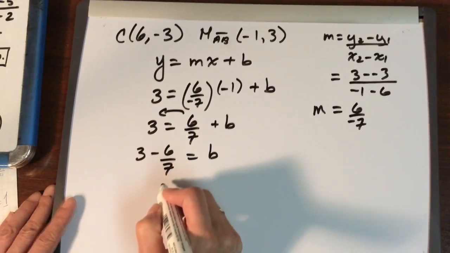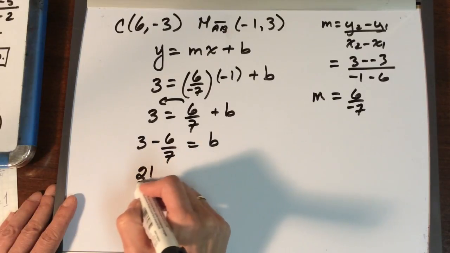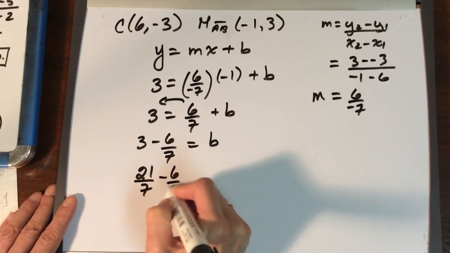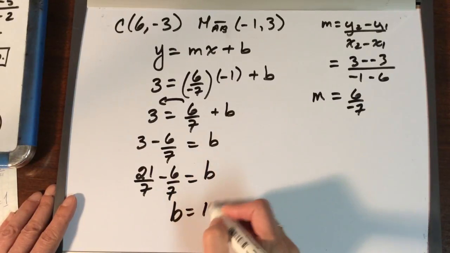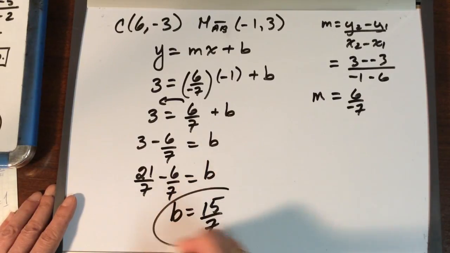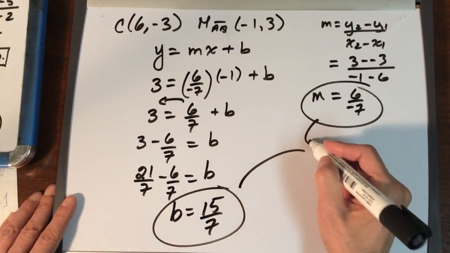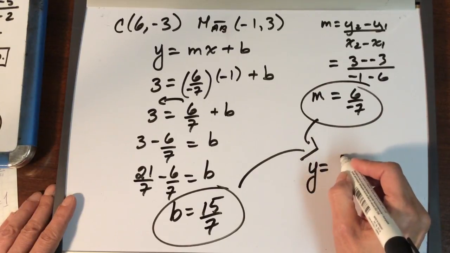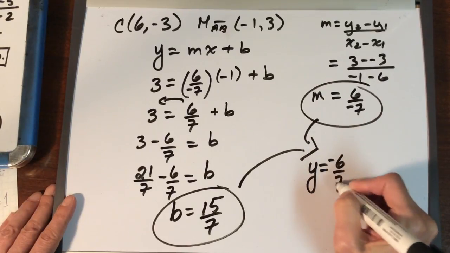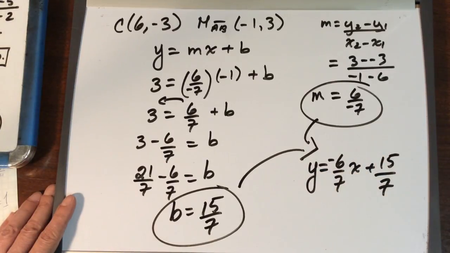Want to use a common denominator, and so multiply this by 7. 21 over 7 minus 6 over 7 is equal to b. b is equal to 15 over 7. Okay, and now we have both the slope and the y-intercept. y is equal to negative 6 over 7x plus 15 over 7.